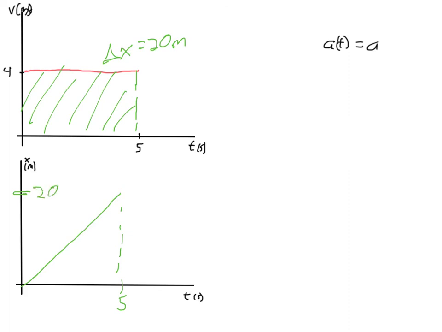But it would be just as equally right if I started from some different x naught and went up here. So if this started from 5, now this is going to come over here to 25, right? And the change in displacement still is 20.